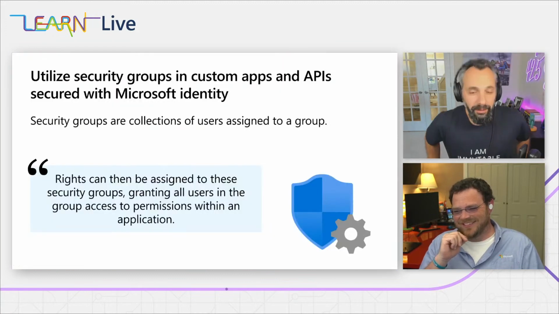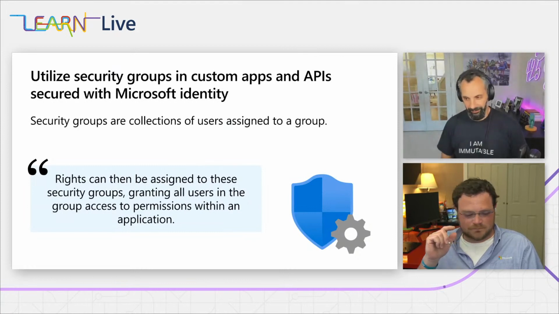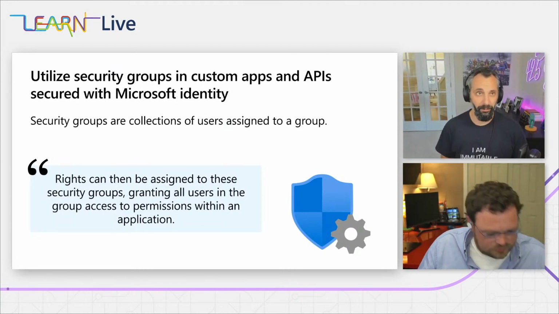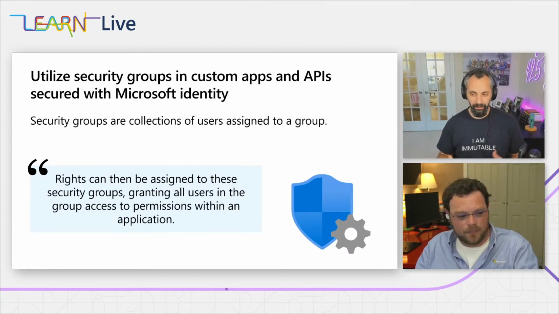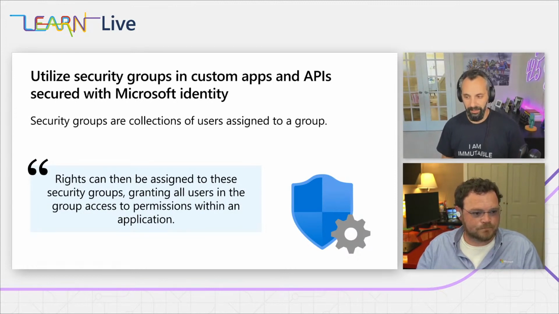Groups. Okay, so security groups have been with us for a very long time. It's probably one of these legacy things that has been carried over from Active Directory. Back in the day when you had large directories, people were and still are assigned to either security groups or distribution groups to allow admins to manage access.